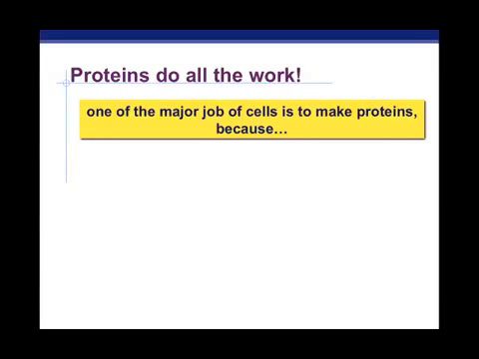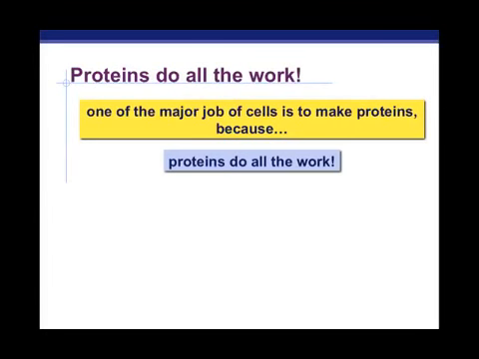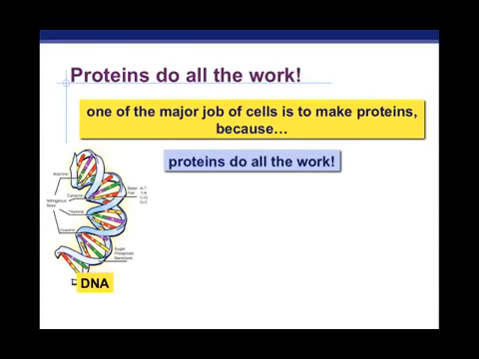So proteins are the primary job of many cells. Without proteins, you don't have life. DNA is in every cell. As humans, we have 23 pairs of chromosomes.